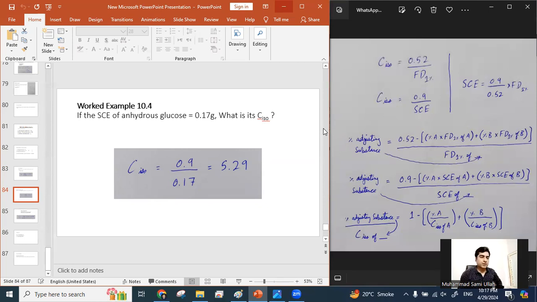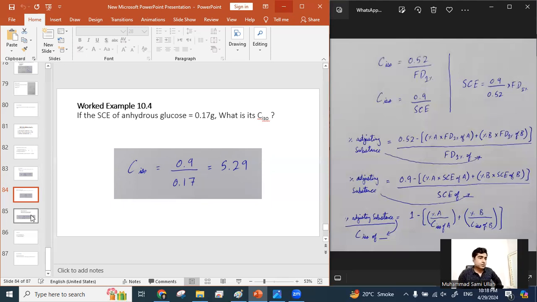CISO, concentration isosmotic, is equal to 0.9, which is constant, and down here we write this in grams. If they have given you this in milligrams, you have to convert it to grams. So take care of the units here, my friends. 0.17, then the answer is here. Concentration isosmotic is 5.294 for anhydrous glucose. It should be clear because there is nothing complex. You just need to remember the formula.